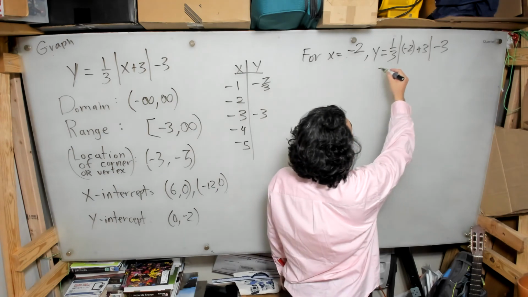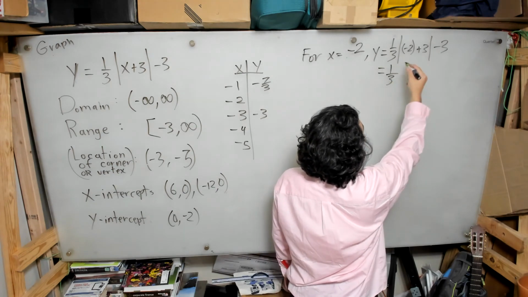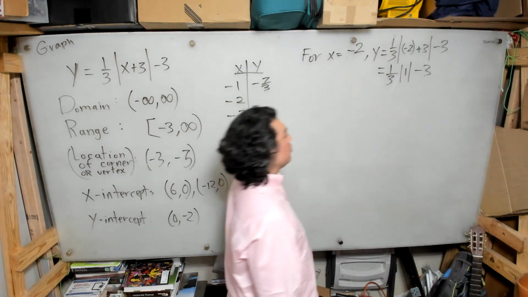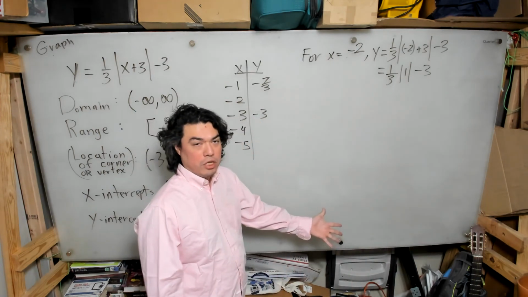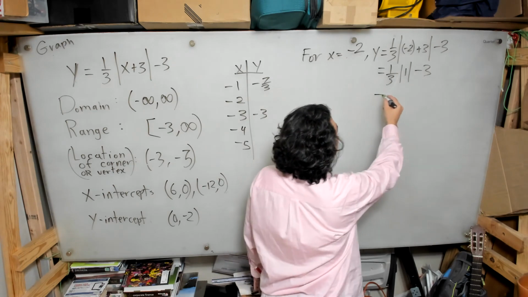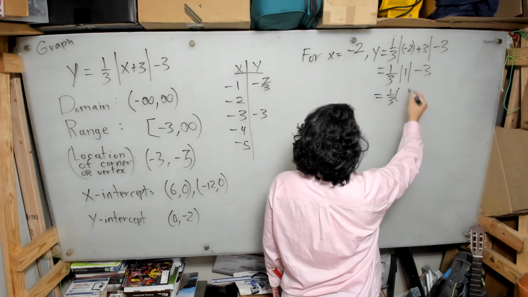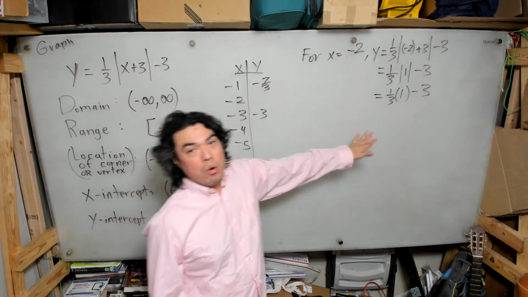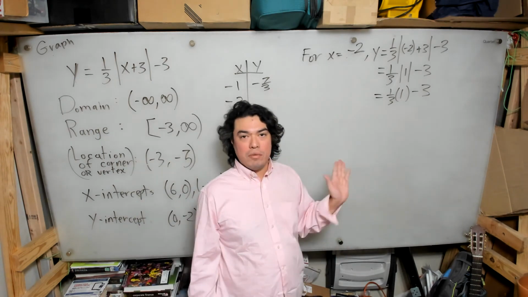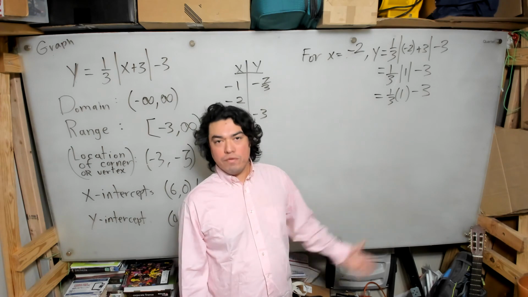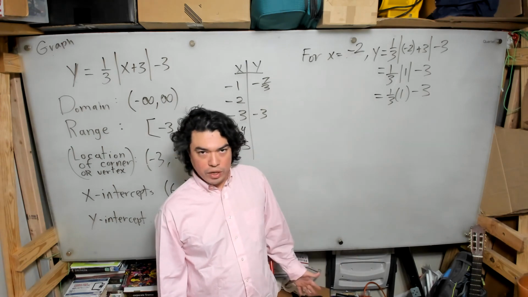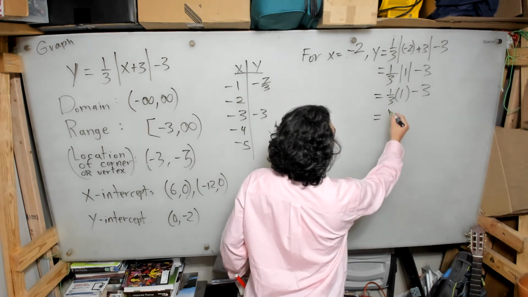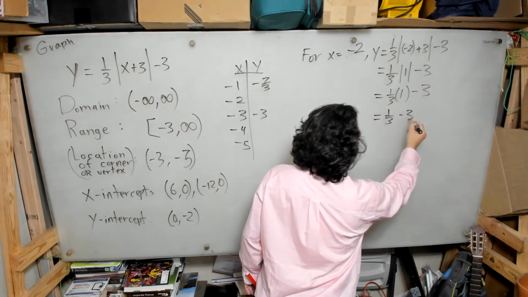So I'm going to get y is equal to 1/3 times the absolute value of 1 minus 3. What is the absolute value of 1? It's just 1. So this becomes 1/3 times 1 minus 3. Now, we know that any number times 1 is just the same number, so we don't even have to do the conversion to a fraction and all that rigmarole here. All we have to do here is just realize that this is going to be 1/3 minus 3.